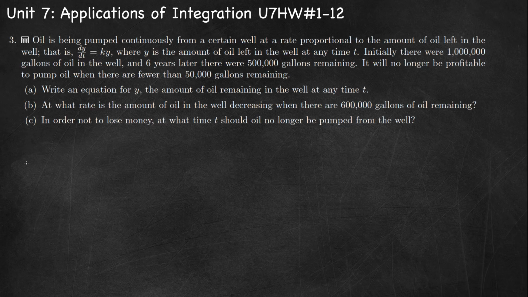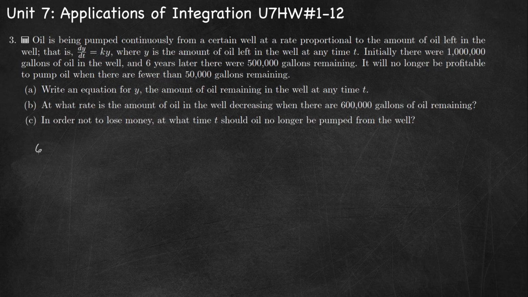Part B, at what rate is the amount of oil in the well decreasing when there are 600,000 gallons of oil remaining? So we need to figure out when that is the case. So we're solving for t. We want to know at what time t the amount is equal to 600,000.